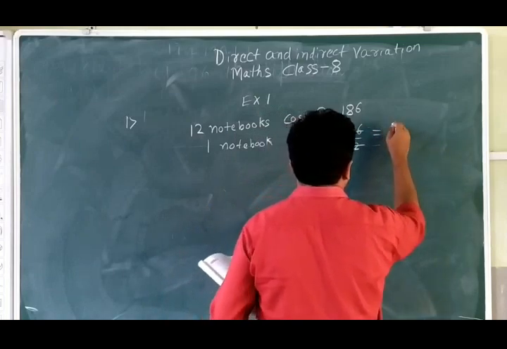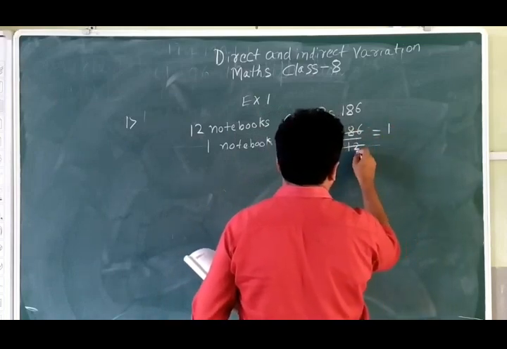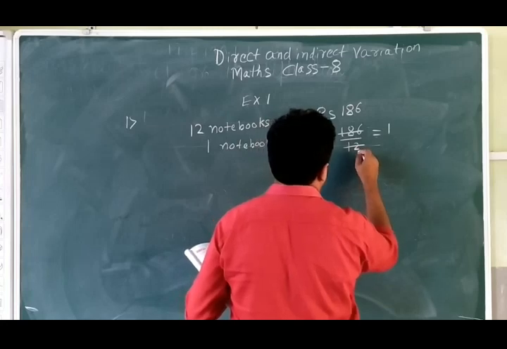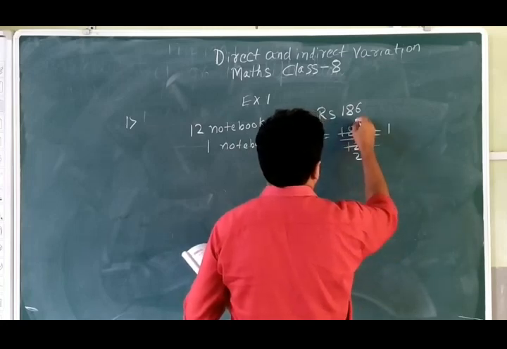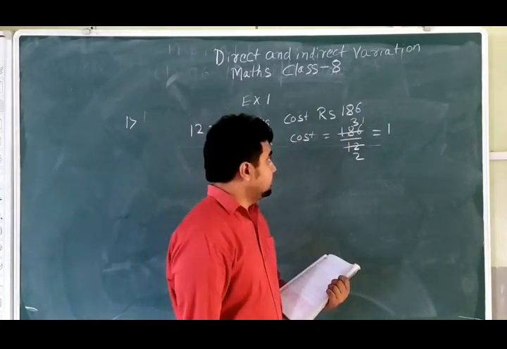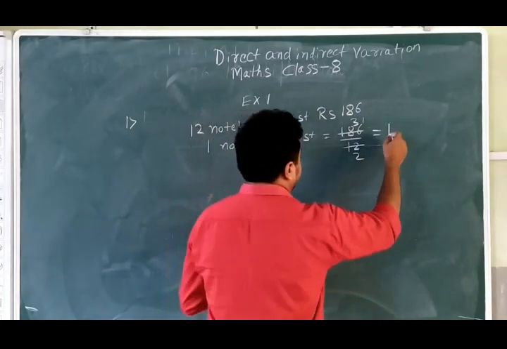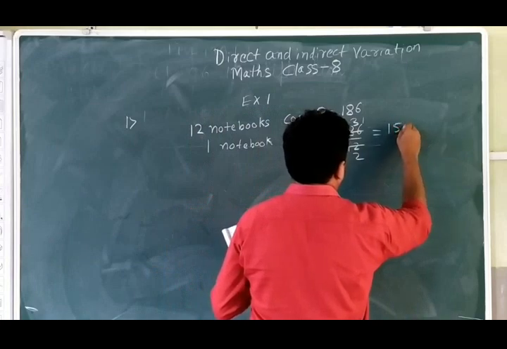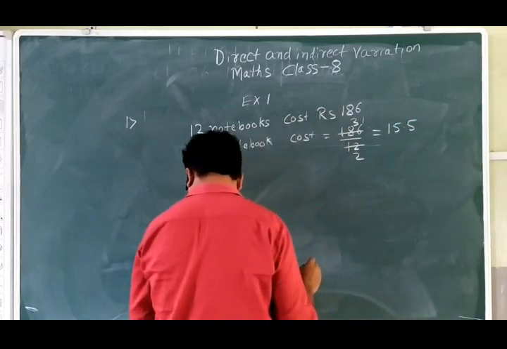It will be written divided, 6 2s, and 6 3s are 18, so it is coming out to be 31. So we have to find 31 by 2, that is 15.5, the cost of one notebook.